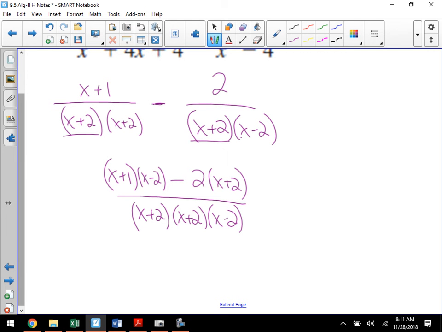And like I said, always FOIL, distribute, simplify your numerators. When you have denominators as far as these terms are considered, you don't have to multiply those, because a lot of times those are going to be doubled. The numerators won't be as bad.